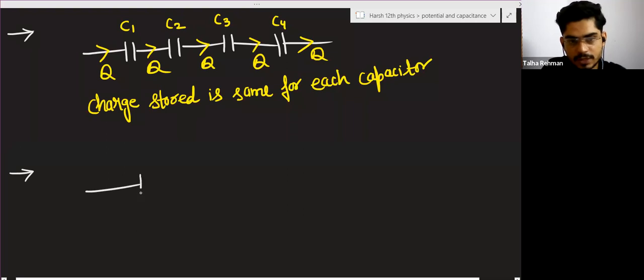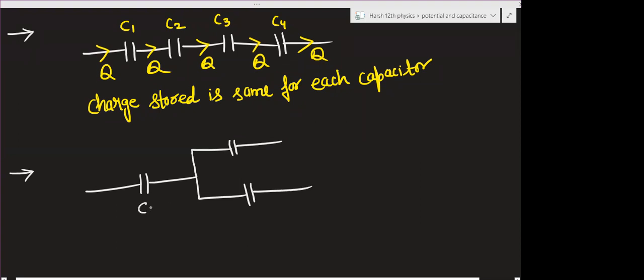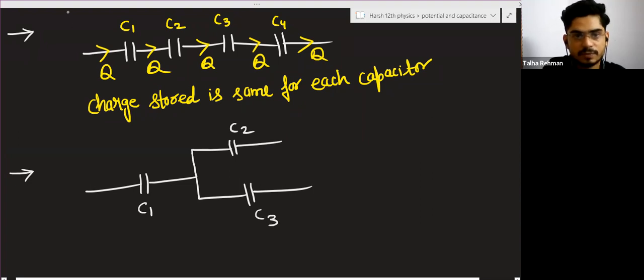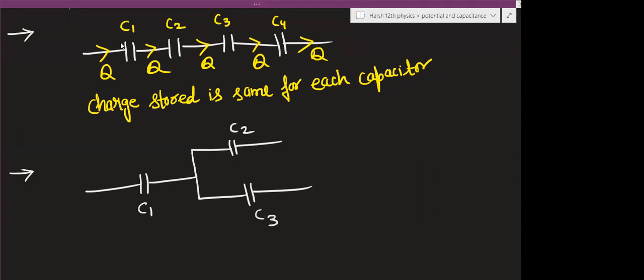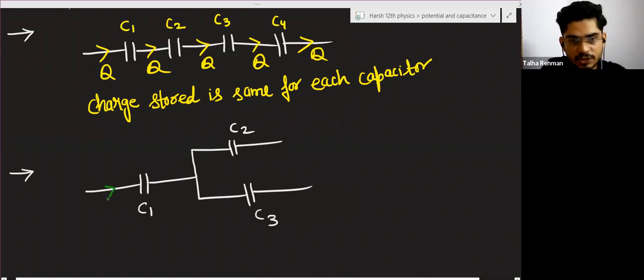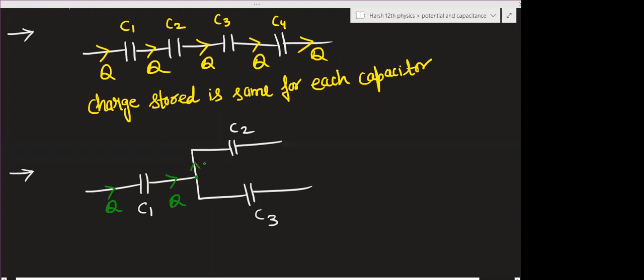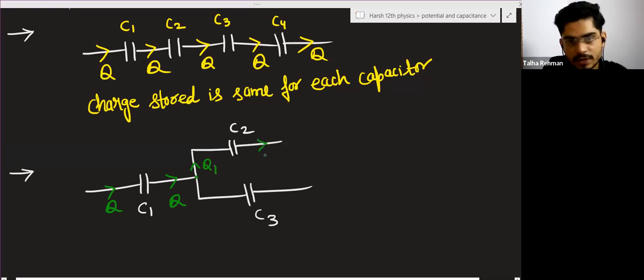Now here is a charge Q, and from this wire I have connected two capacitors like this. Charge will be different because parallel and series connection is there. If charge Q is flowing here, the wire is same, so charge is same. From this point, it will be different: here charge Q1 will flow and the other side will be Q2.